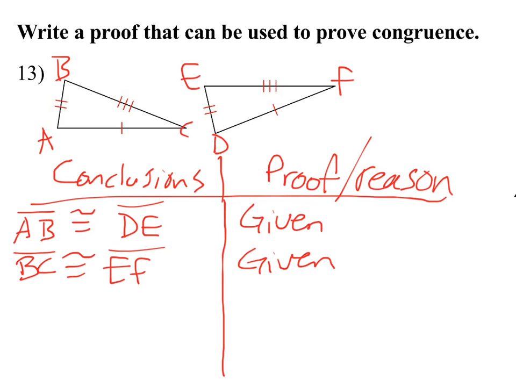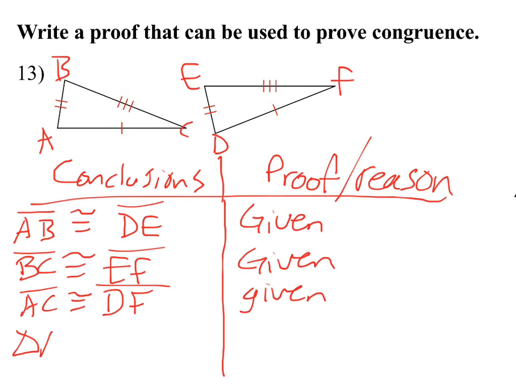And then lastly, we have AC congruent to DF. And that's also a given. That's all given right there on the picture. And so I know that triangle ABC is congruent to triangle DEF by side, side, side. And that's my two-column proof there.